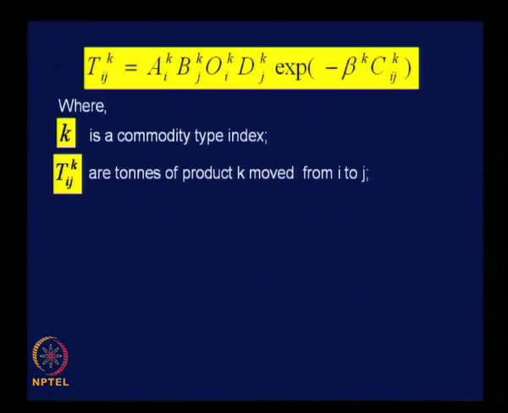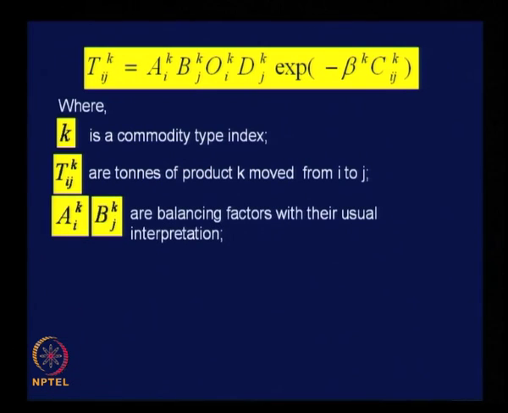Tijk or tons of product K moved from I to J, measured in weight terms, tons. Ai Bj or balancing factors with their usual interpretation, as we did in the case of doubly constrained gravity model.